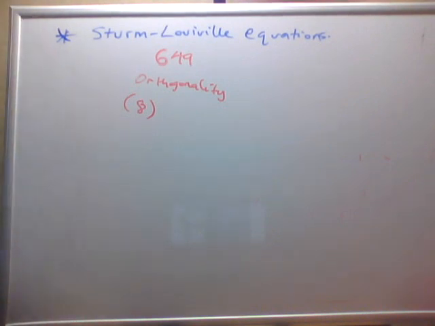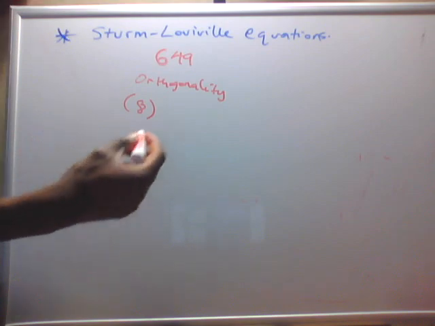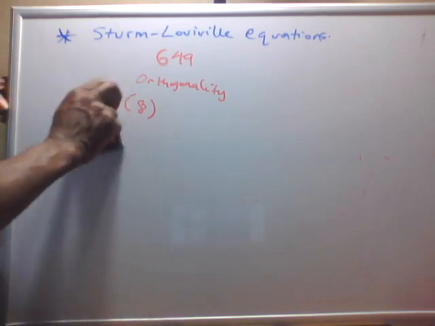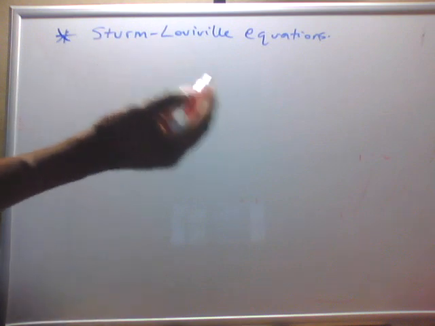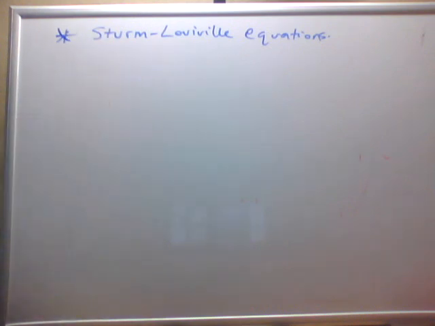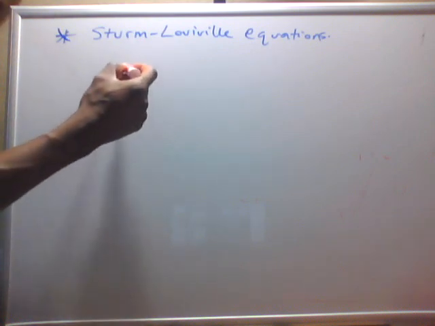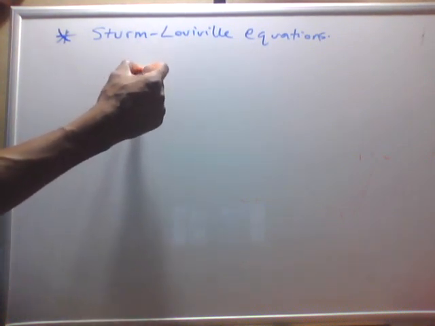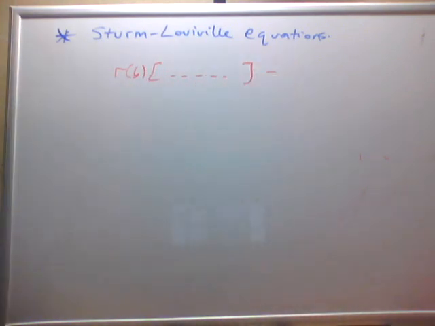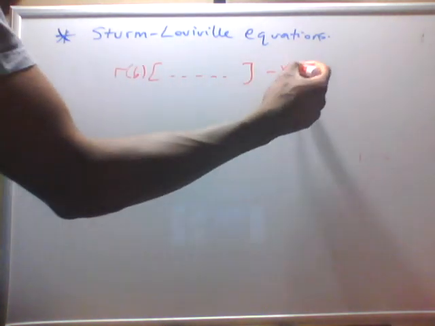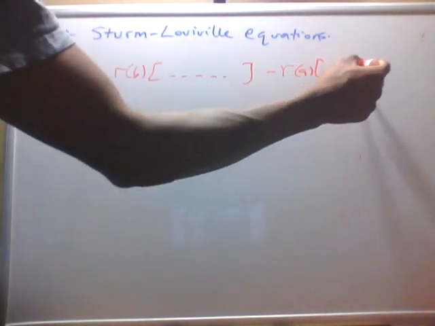For orthogonality to hold, the boundary condition states there is a boundary term. I won't write it down, it's kind of long, just look at it yourself. It shows r(b) blah blah blah, minus r(a) something.